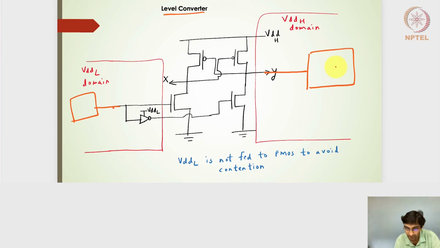So in this case, the Vdd-L level logic gets connected only to the NMOS transistors. It doesn't get connected to the PMOS transistor at all. So that's what I've written: Vdd-L is not fed to the PMOS to avoid the contention, right?